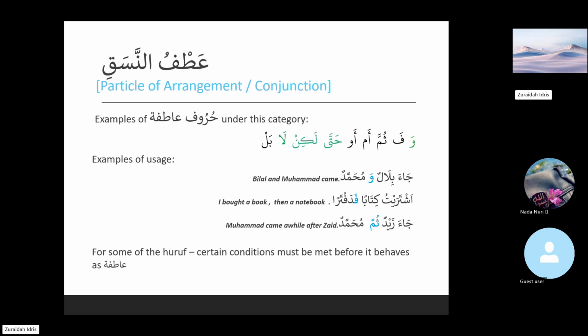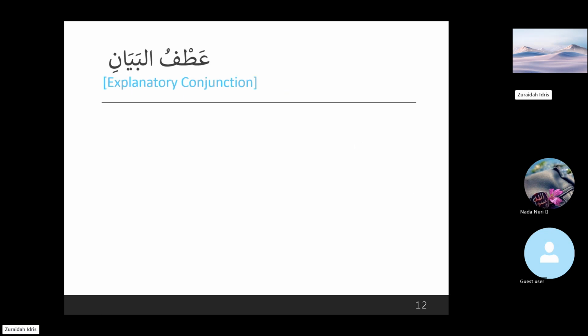You can use lakin as atf when there is no wa in front of it, of course. If there's a wa in front of it, then automatically wa would be the atf and lakin would be something else, what we call idrab. So there are certain conditions where some of these huruf are only considered atf. But like I said, you may wish to go back to that lesson to find out what the conditions are, inshallah.